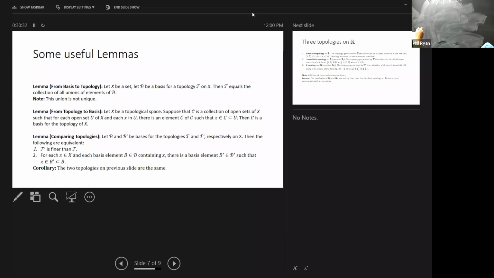If we want to show that two collections are the same, the typical way is you show one contains the other and then the other contains the one.